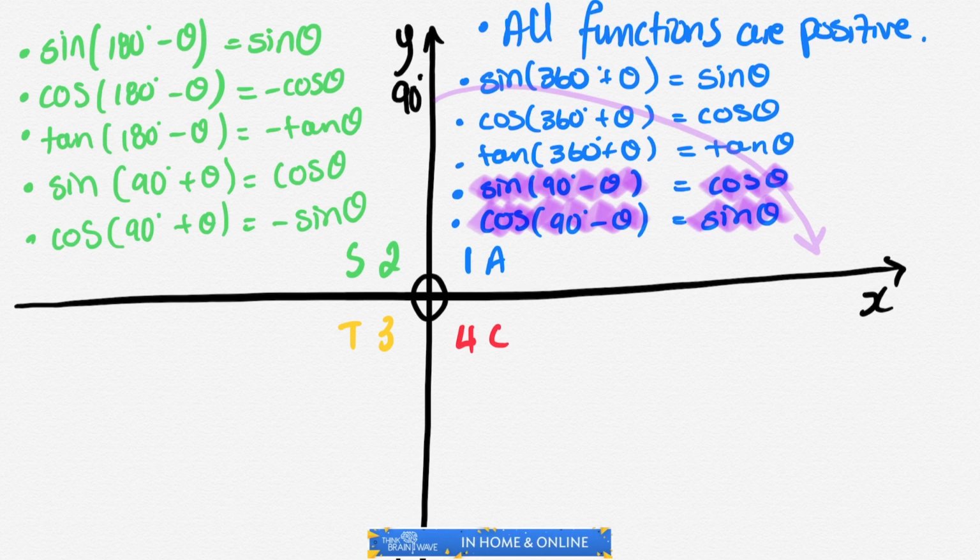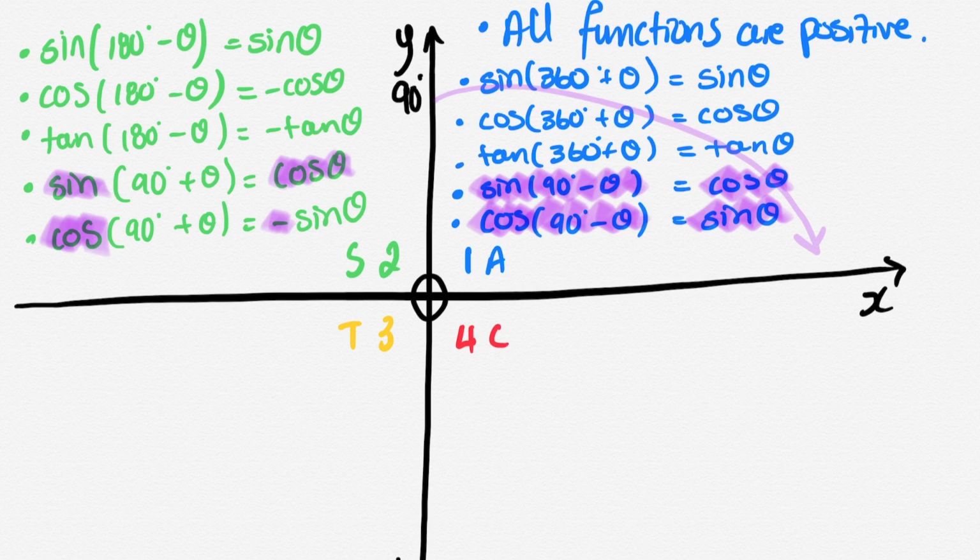However, cos of 90 plus theta, moving from 90 degrees towards 180, sits in the second quadrant, and so it is negative because only sine is positive here. So we write a negative sign and change the cos to sine, leaving us with negative sine theta.